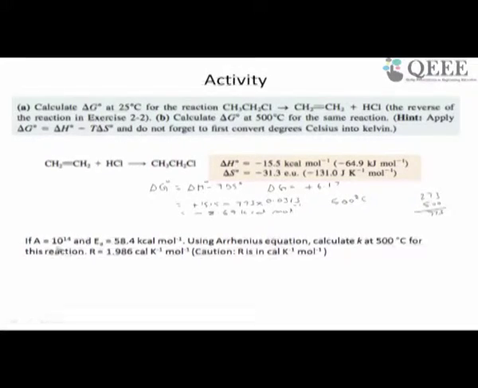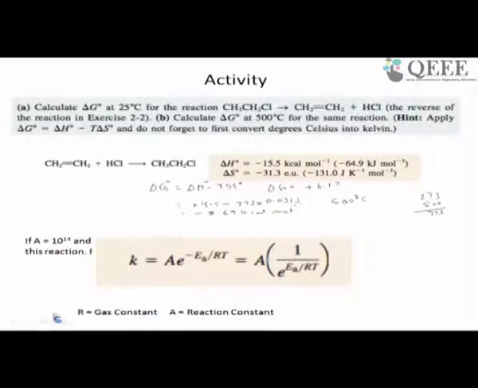Now the question is, if A equals 10 power 14 and EA is 58.4 kilocalories per mole, using the Arrhenius equation, you can basically substitute all these parameters. Let's borrow the Arrhenius equation.